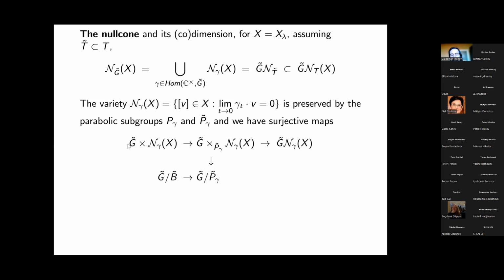Because if I just act on the group on the right by P tilde, well, I get a flag variety. And I have then a surjective morphism from the complete flag variety of the subgroup.